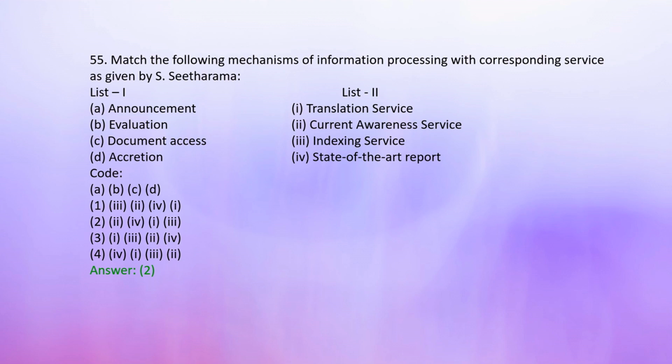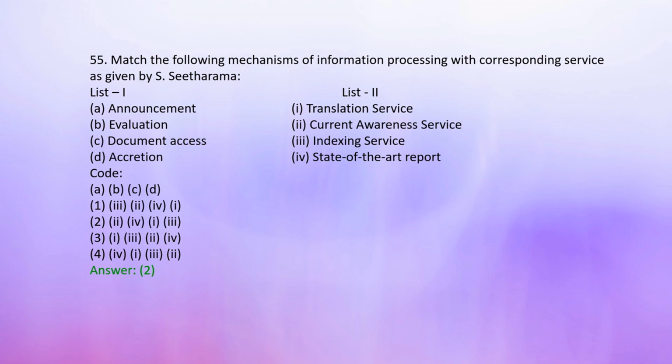Number 55. Match the following mechanisms of information processing with corresponding service as given by S. R. Ranganathan. List 1 A announcement, list 2 translation service, list 1 evaluation, list 2 current awareness service. List 1 document access, list 2 indexing service, list 1 accretion, list 2 state of the art report.